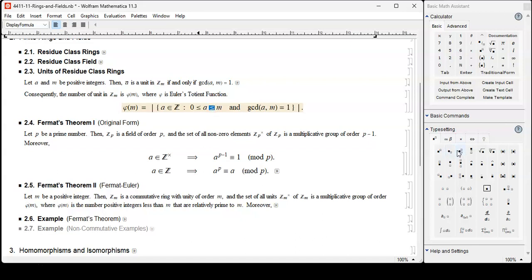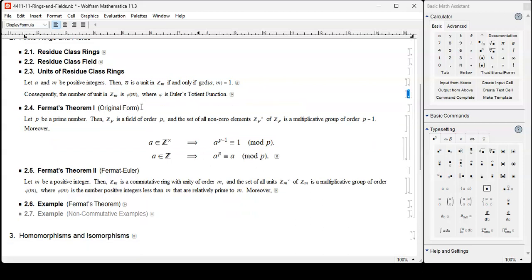So either way it works. As a matter of fact, whether you use strict inequality or semi-inequality, it doesn't matter. So that number is phi of m: the number of all positive integers between 0 and m that are relatively prime to m.